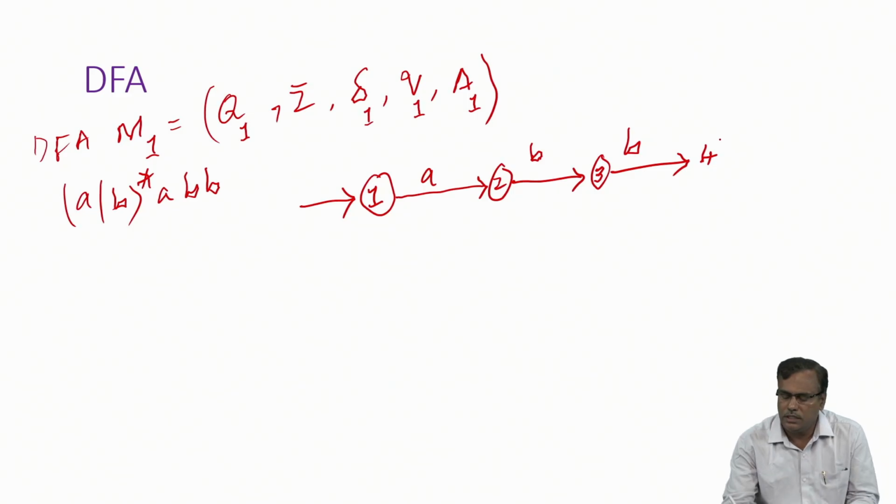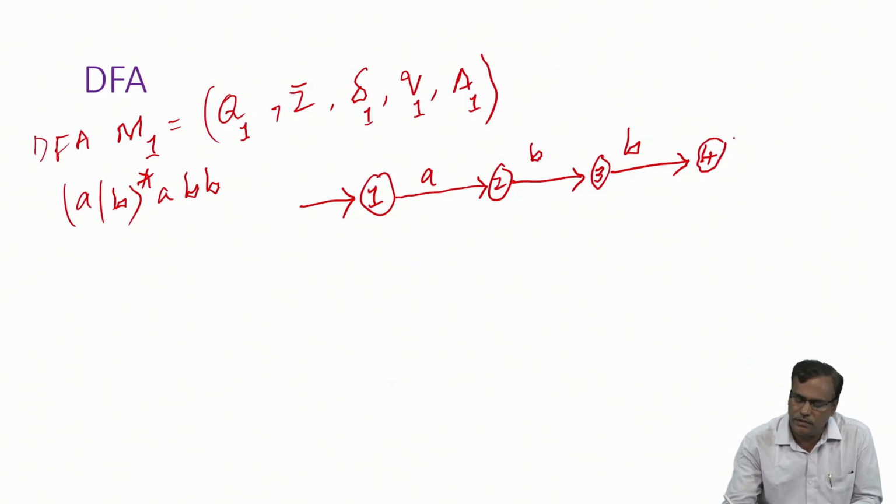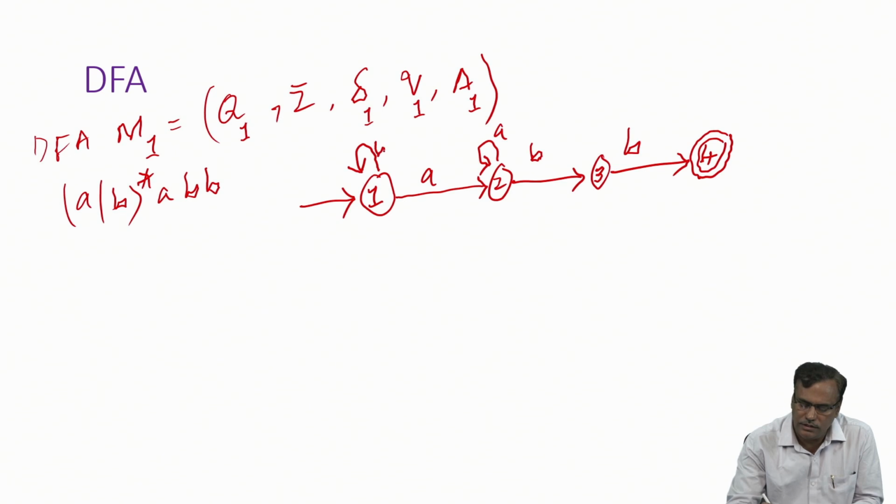States are encircled, and this is a final state. It must be double circled. This is the DFA we are talking about. NFA and DFA must both accept the same language.